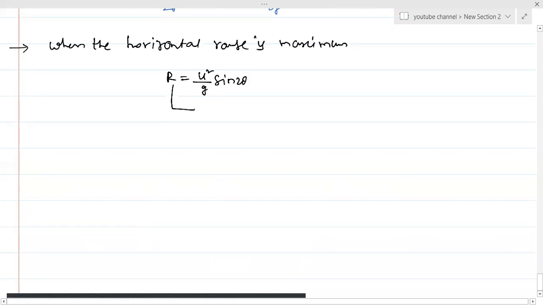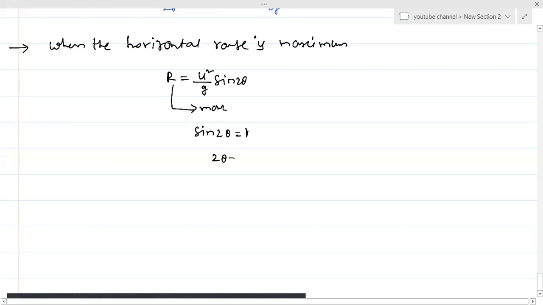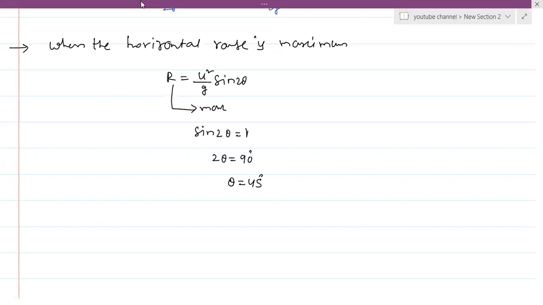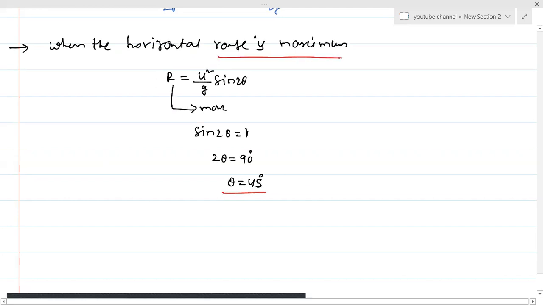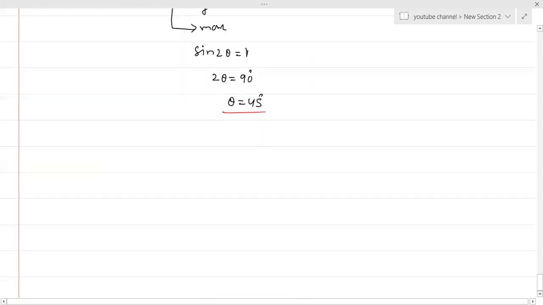This will be maximum when sine 2 theta is equivalent to 1, or 2 theta equivalent to 90 degrees and theta equivalent to 45 degrees. So finally, our conclusion is if the angle of projection is 45 degrees, then the horizontal range is maximum.